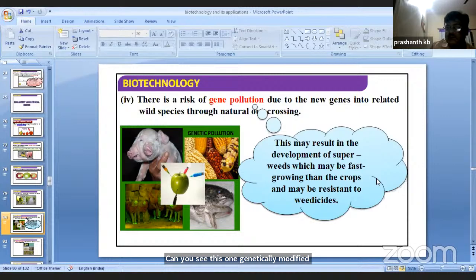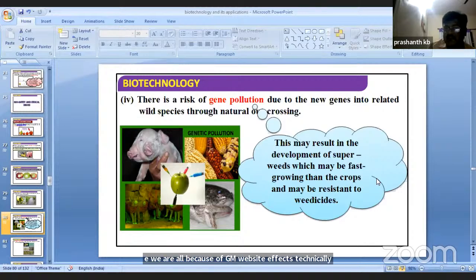See, if something goes wrong, can you see the two-headed pig? The legs, the nails, and the nose part are fluorescent. See this fish with a double mouth. These are all because of GMO side effects, genetic modification.